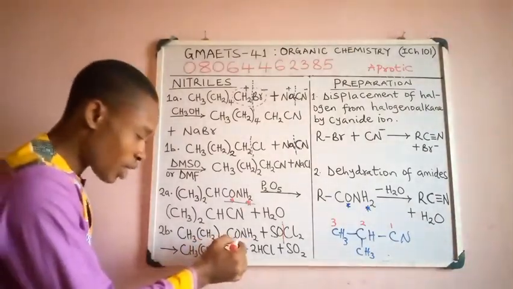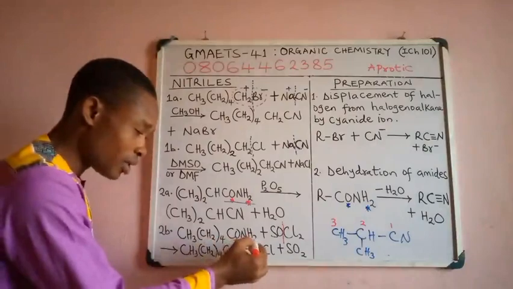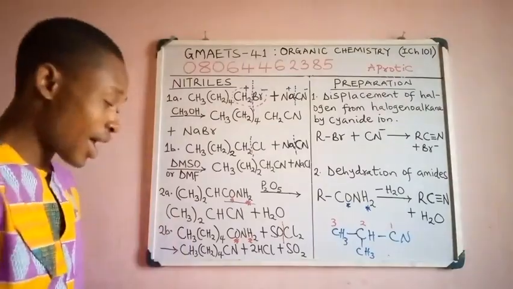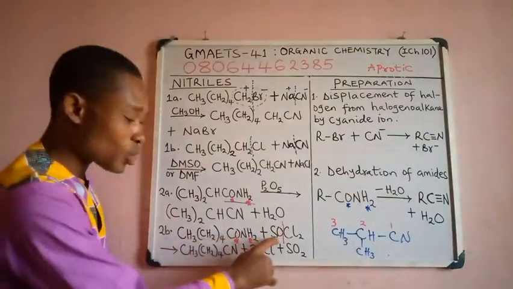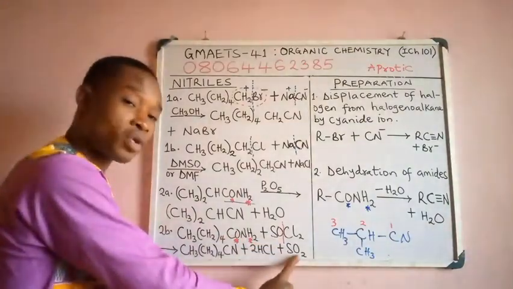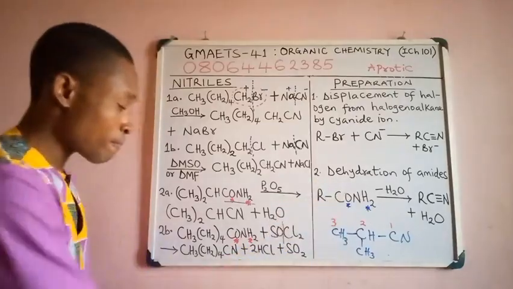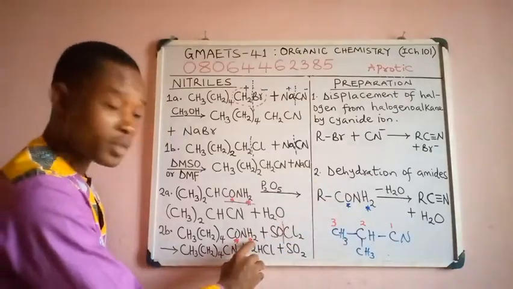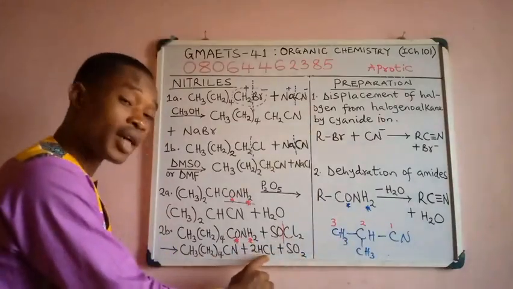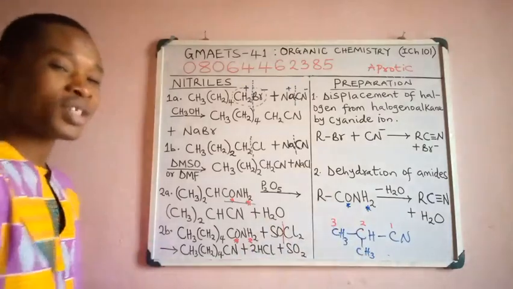This oxygen will be extracted as usual. This hydrogen will also be extracted. When they're being extracted, what's going to happen? This oxygen will react with this SO to give us SO2, sulfur dioxide, the leaving group, a gas. These 2 hydrogen atoms will react with the 2 chlorine atoms to give us 2 moles of hydrogen chloride, the leaving group. So what is left?